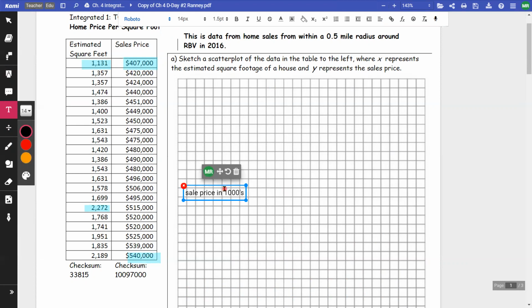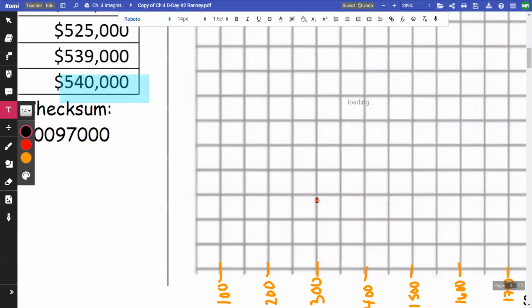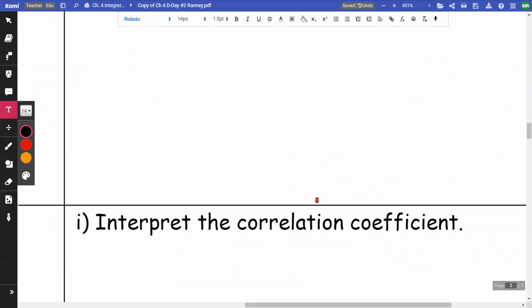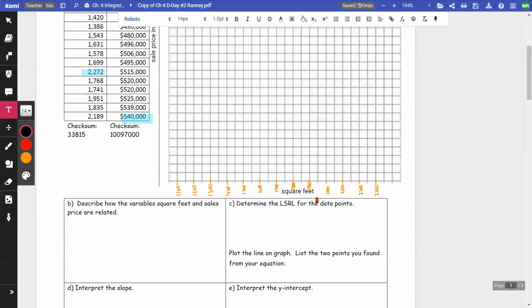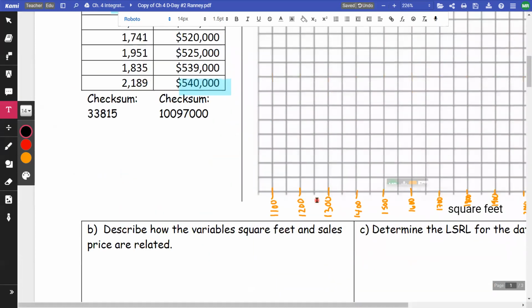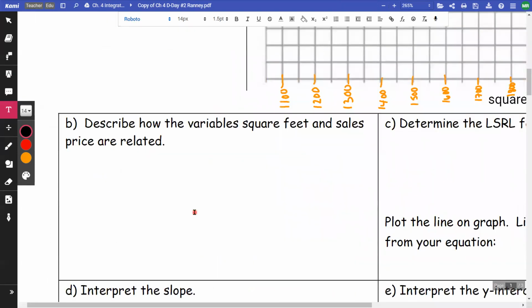And let me rotate this. Okay, so that's going to be my sale price in thousands. And then for this, I am going to be starting with my 407,000.